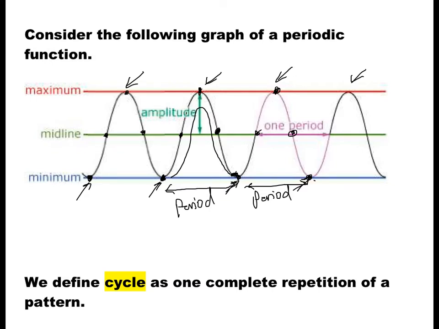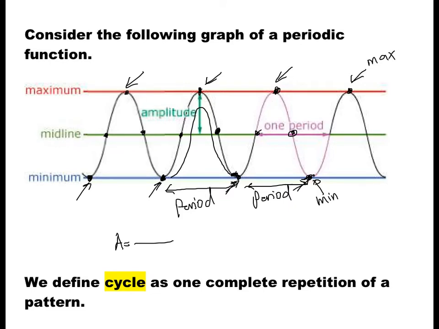Now we define another term which is called the amplitude. We define the amplitude, A, to be the halfway distance between max and mean. If you look at this graph, you can see that this point here is the max, and this point here is the mean.